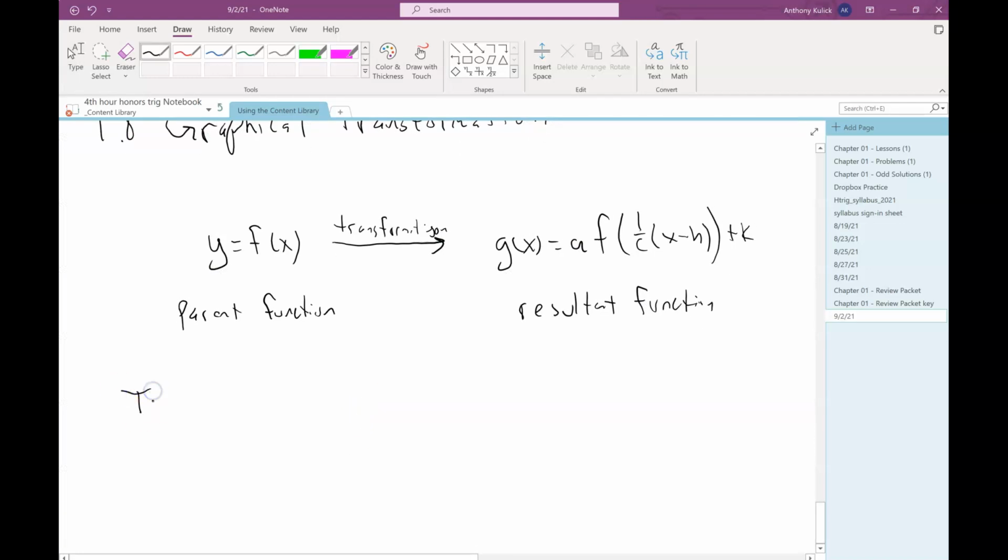What I want to start with, though, is some recall from our geometry class about the types of transformations. This was something that you would have talked about in your geometry class, and I know that was a long time ago, but there were 4 types of transformations. Does anybody remember any one of those 4 types?